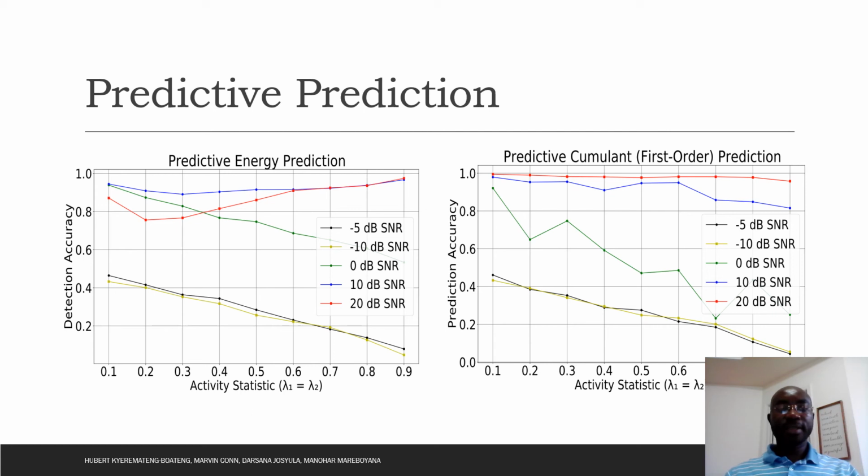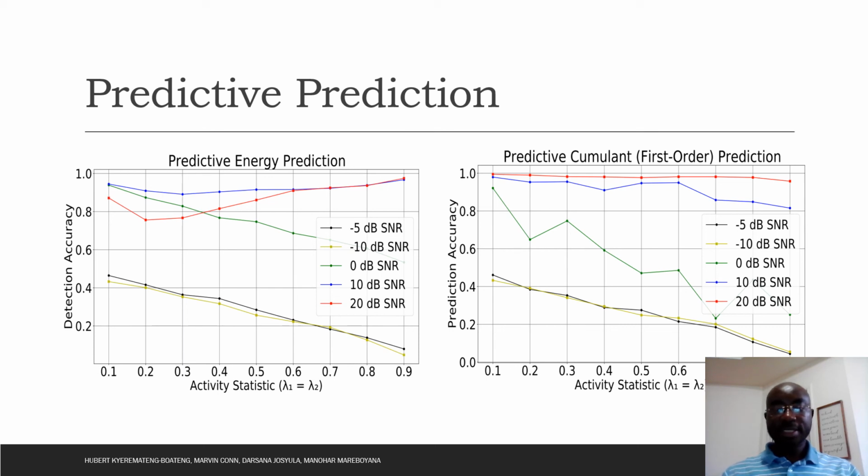In the energy prediction, as the activity statistic increases for SNR 10 or 20, the accuracies also increase. But for SNR of -5 and -10, as the activity statistic increases, the accuracy degrades.